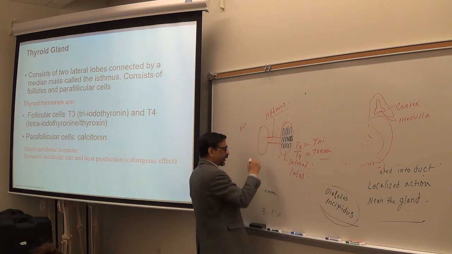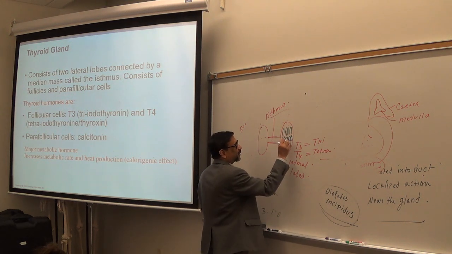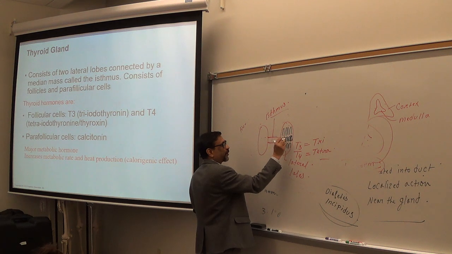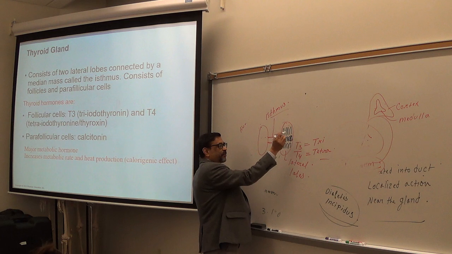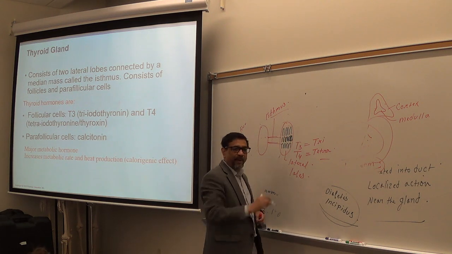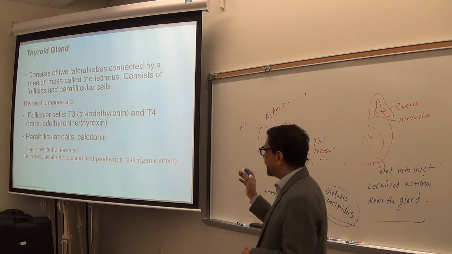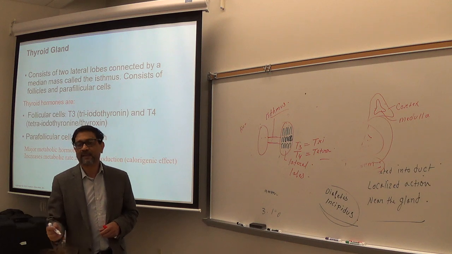And in between the follicles, you have another type of cells. These are called parafollicular cells, not in the wall but outside of the follicle. So two types of cells, follicular cells and parafollicular cells. Follicular cells produce T3 and T4 and parafollicular cells produce calcitonin.